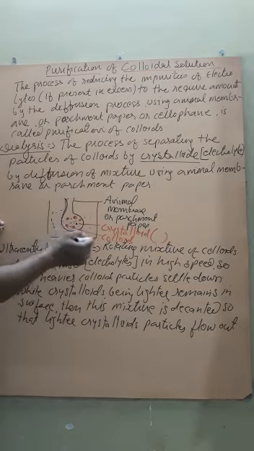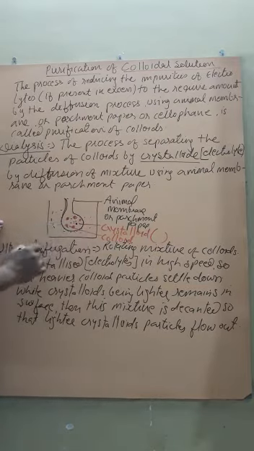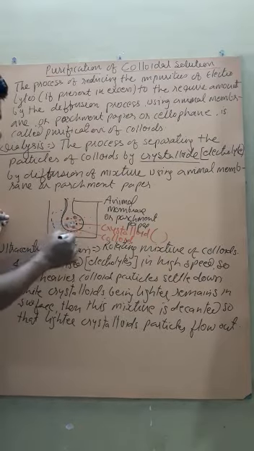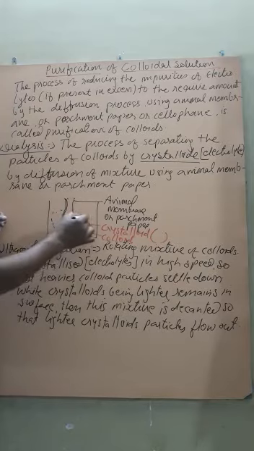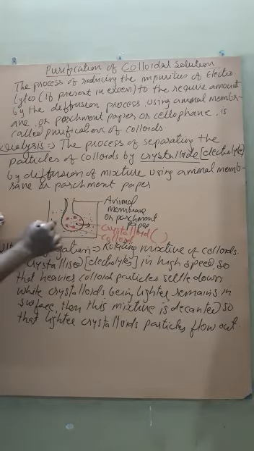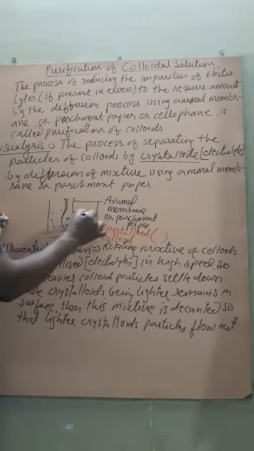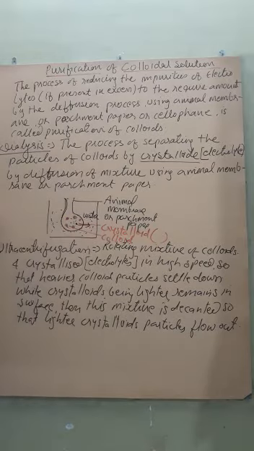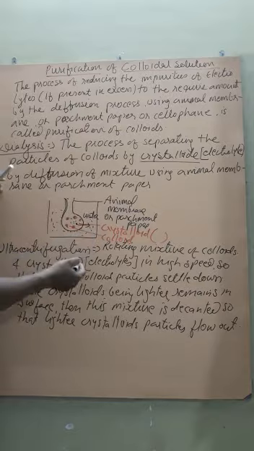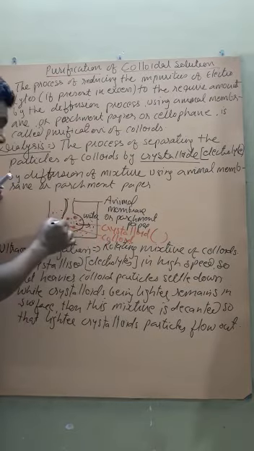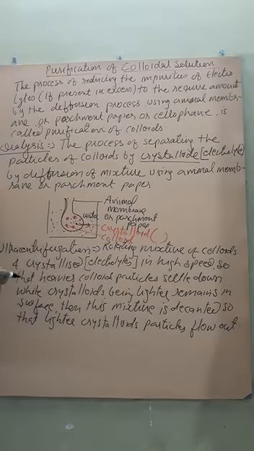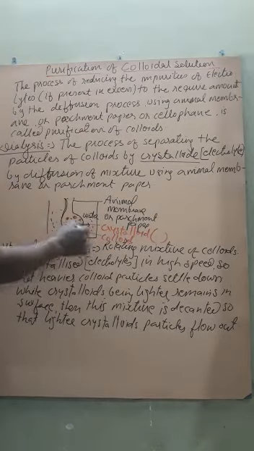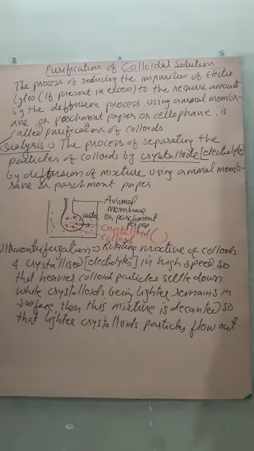These pores also have a very small size. So only crystalloid molecules can move through the parchment paper to the water kept outside. Thus, the limited quantity of crystalloid is removed from the mixture of these two. This is the process of diffusion, and this process is known as dialysis.